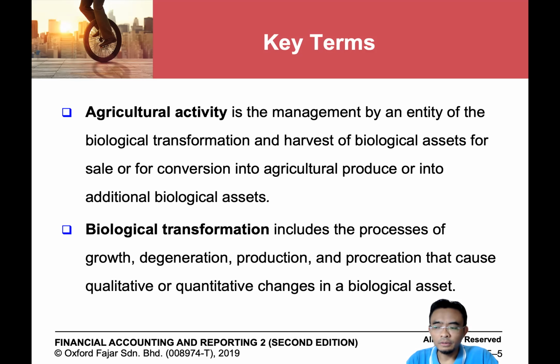So it is a management of activities by an entity which involve biological assets, like farming. The farming itself can be vegetable farming or livestock farming. So this kind of activity can be classified under agricultural activity.